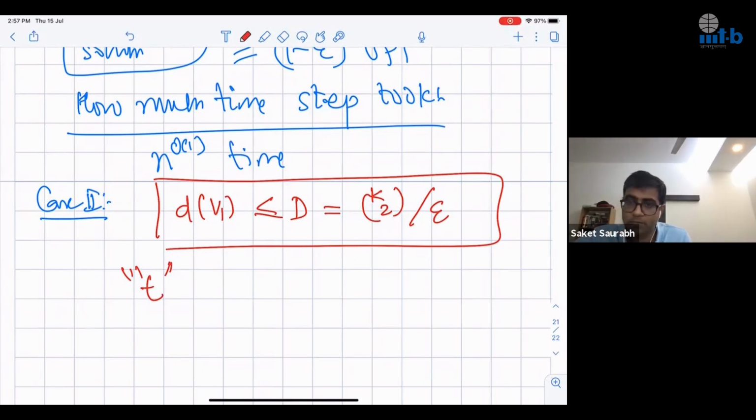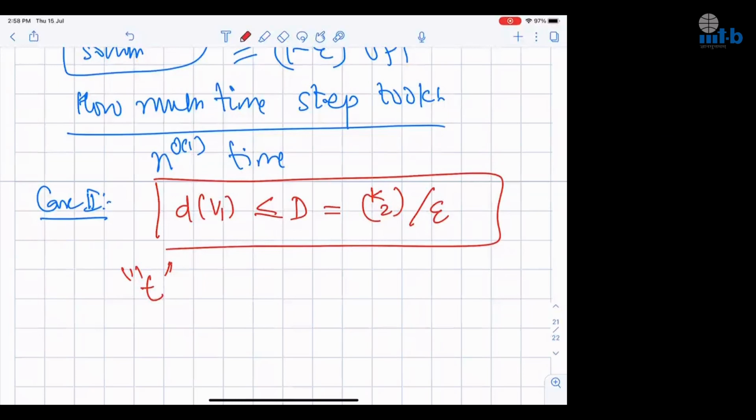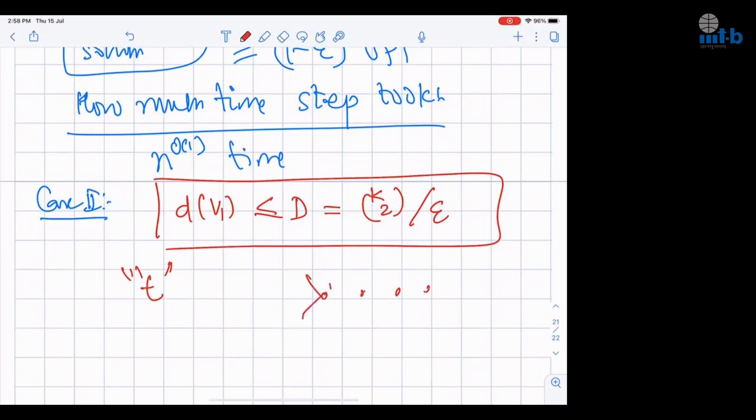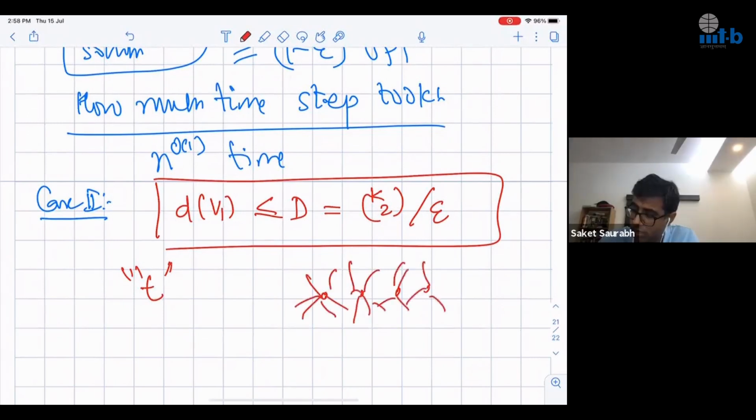If a graph has maximum degree bounded by D, then k vertices can cover how many edges? kD by 2? Why kD by 2? No, in the worst case, everybody can have degree D. Yeah, so they can cover kD edges for sure.